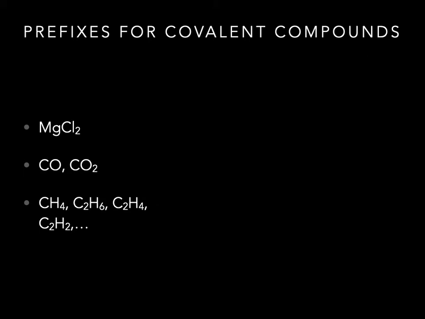Once we get into carbon compounds of carbon and hydrogen, there are hundreds of variations on that. An entire branch of chemistry called organic chemistry simply looks at the compounds made out of different variations of carbon and hydrogen chains, and then some other side chains there. And so we need a way to differentiate these compounds one from the other, because again, saying carbon hydride does not really sort that out for us.